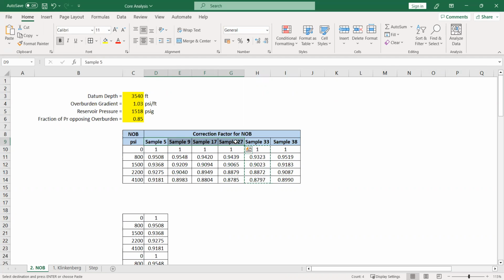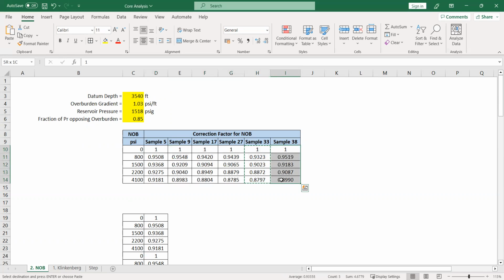The experiments or trials to get the correction factor will not be used for all core samples because that must be time consuming. So we just select, like in this case, only 6 runs, 6 measurements, which are completed with correction factor for NOB measurement.